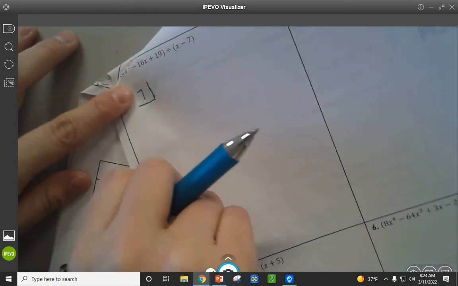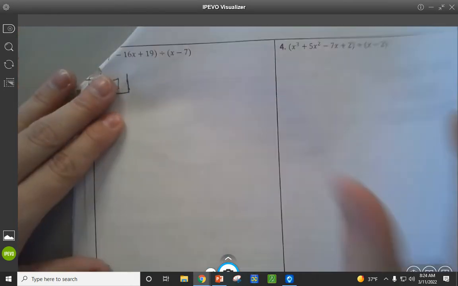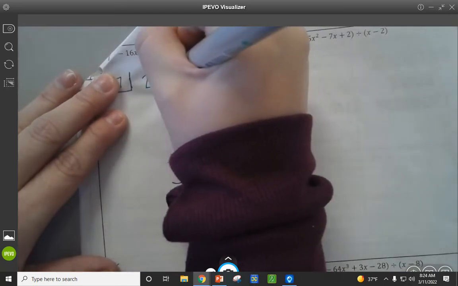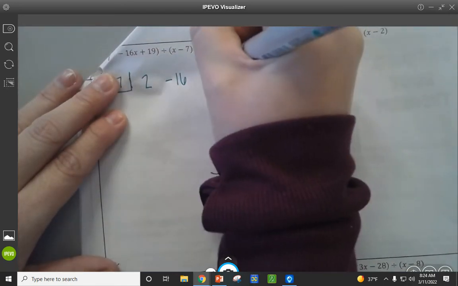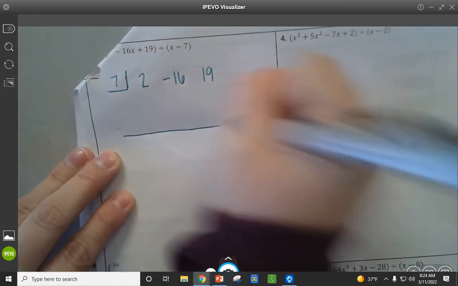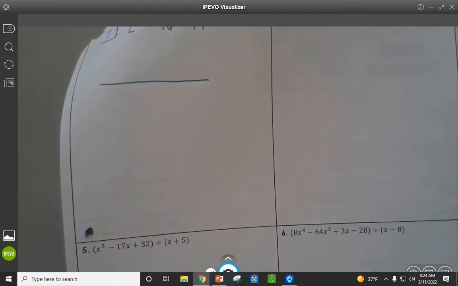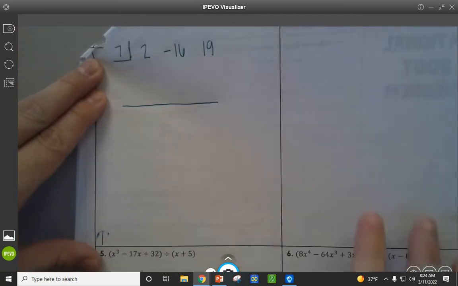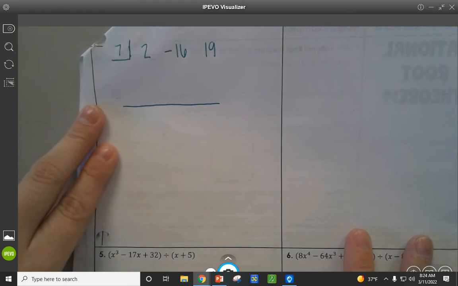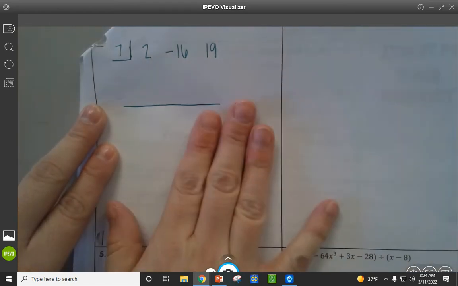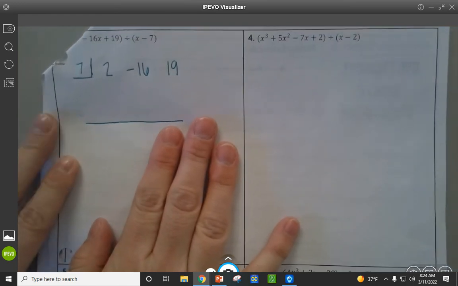So I think is that 2x squared? Looks like. Can y'all tell? 2, negative 16, 19. And then leave a space and draw a line. And this is the setup. Always have to set up your problems.